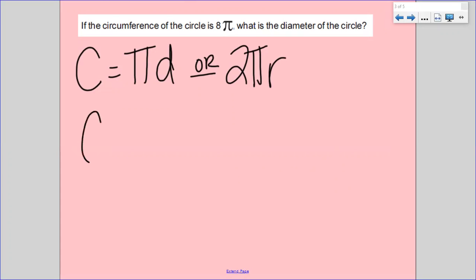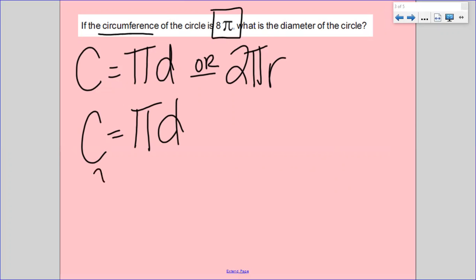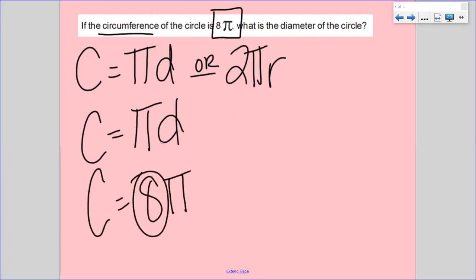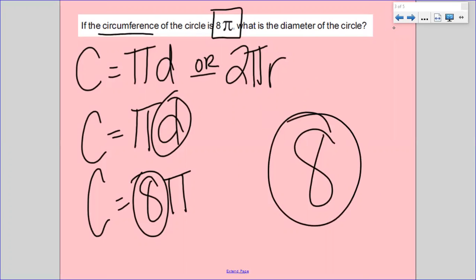So if the circumference of a circle, which is what we're looking at, is equal to pi times diameter, and the circumference of the circle that we're looking at in this problem is 8 pi, then guess what? 8 is my diameter. So 8 was my final answer.